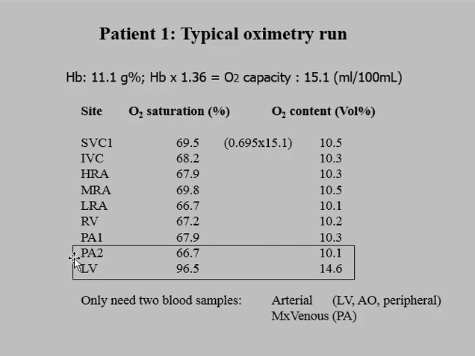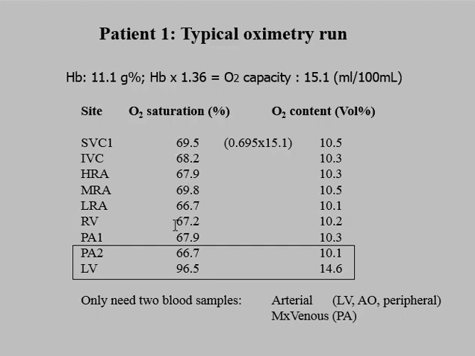Because of streamlining of flow, there can be slight differences, for example, between the SVC and the IVC. There's more than 1% difference. And you can see the range in venous saturations, even within the heart chambers themselves, ranges reasonably widely, for our purposes anyway, from the lowest here, 66.7, to the highest, 69.5.